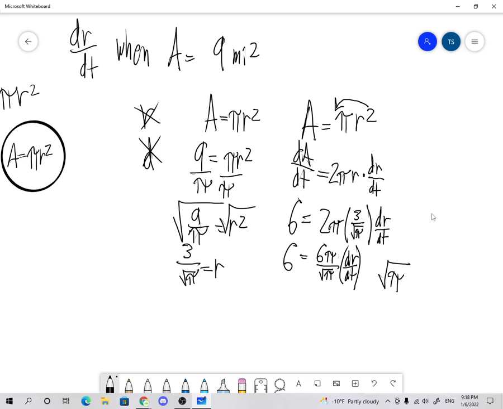The square root of pi squared is equivalent to pi, because that will cancel out the square roots. If I'm dividing a whole by a radical, it will just equal that radical again.